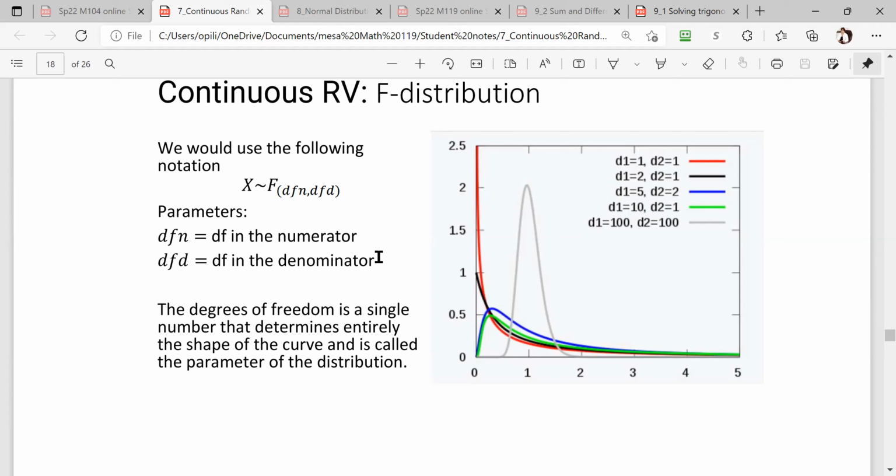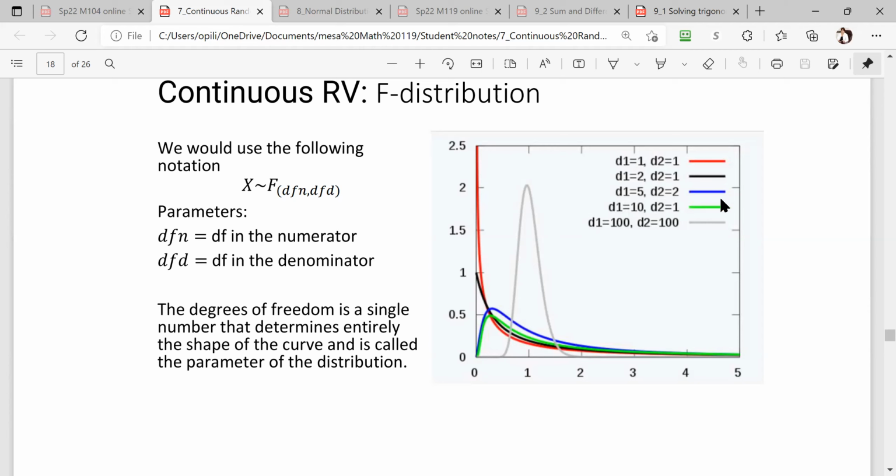So these are our 2 parameters that the shape of the curve depends on. Here we have the red distribution where the degree of freedom of numerator is 1 and the degree of freedom of denominator is 1. And then, let's say the blue one, the degree of freedom numerator is 5, the degree of freedom denominator is 2, and so forth.